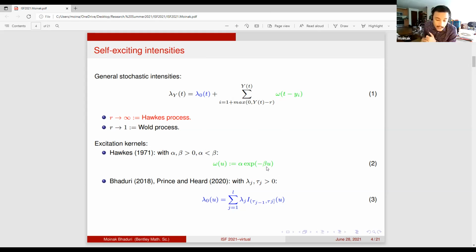Now how much history is relevant to your problem, how much history is worth recalling, how much history is worth forgetting, that is controlled by this window of size R. And here we are working with the most general framework of an infinite past, of an infinite history, that leads to a Hawkes process kind of a structure, okay?